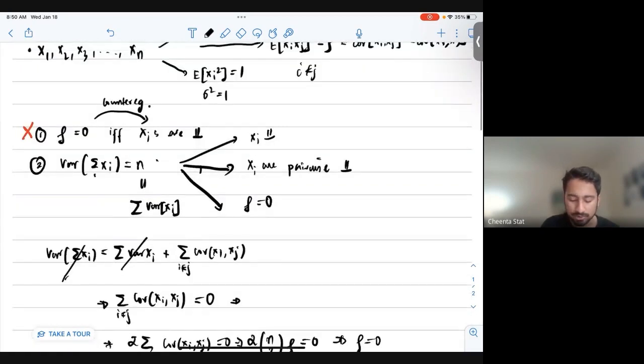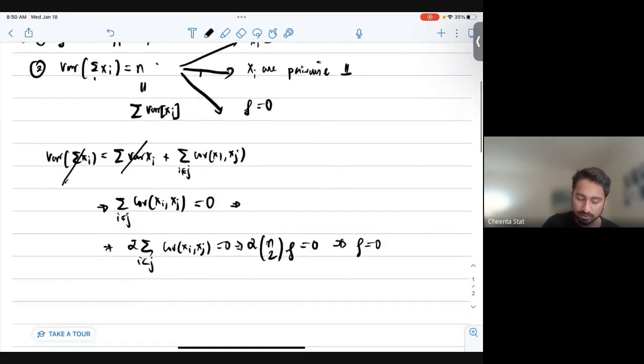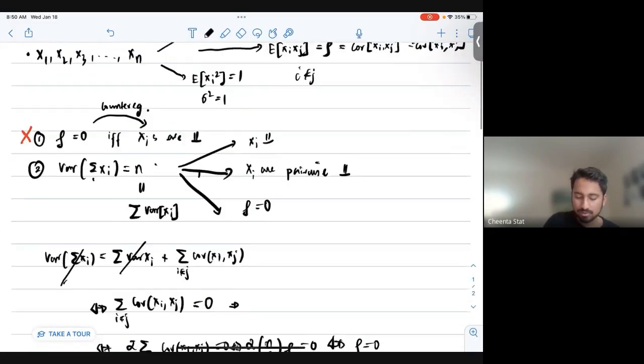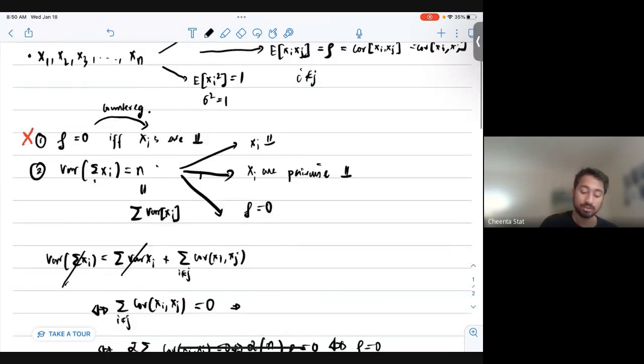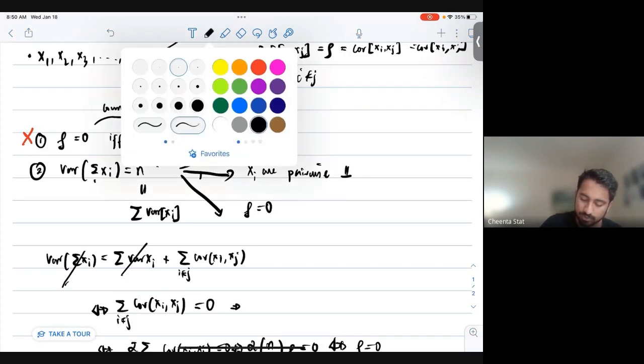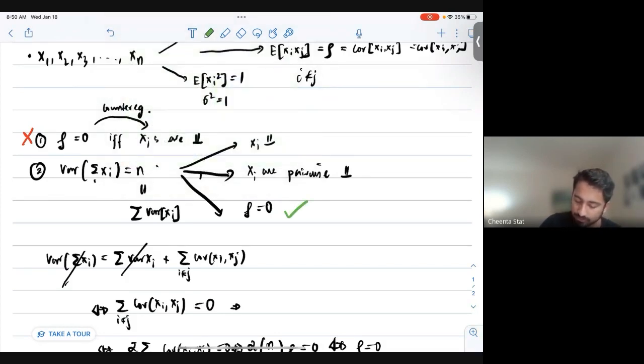And if rho is equal to 0, you can see it's if and only if, for both sides. So therefore, it's turning out that this is true if this is true. So the right answer is this.